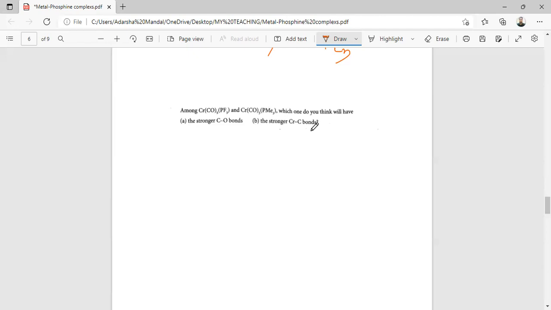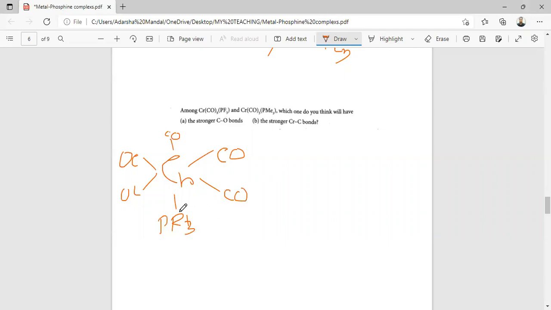So here, the structure of the compound is chromium, CO, CO, CO, CO, and PR3.